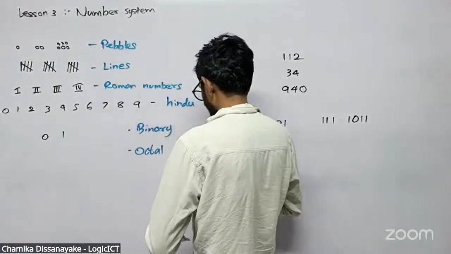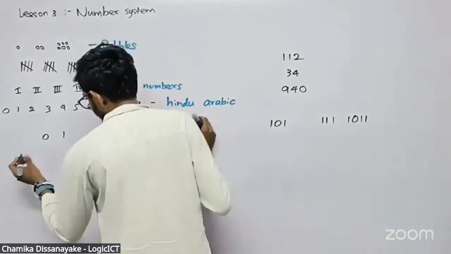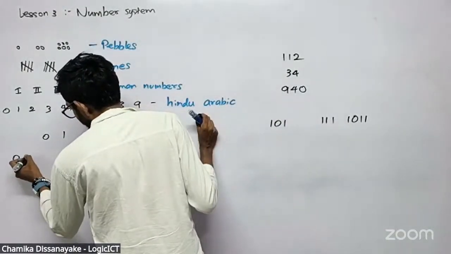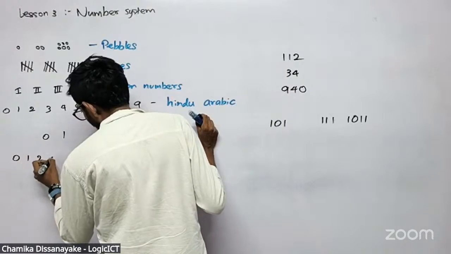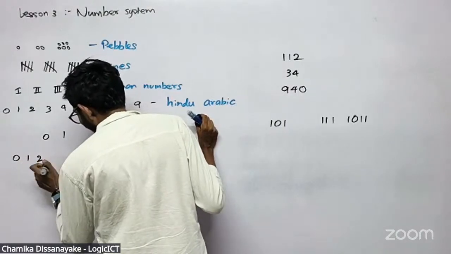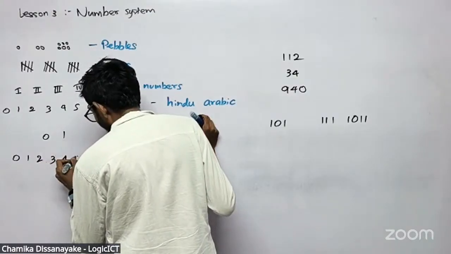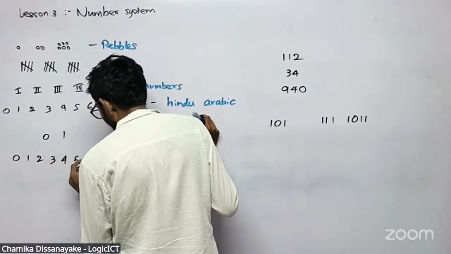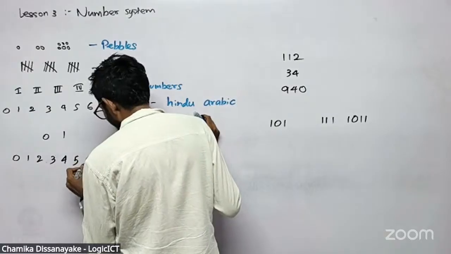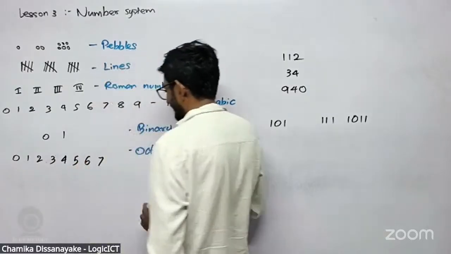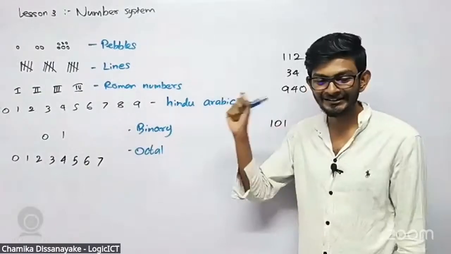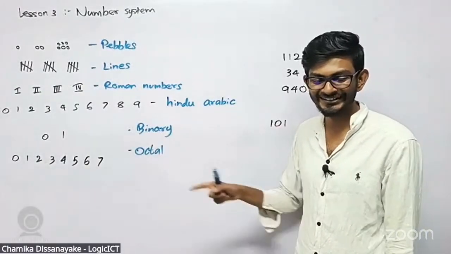0. This is the first symbol, second, third, fourth, fifth, sixth, seventh, eighth. It is hard to write. When I am telling 6, I have to write 5. It is hard to write.